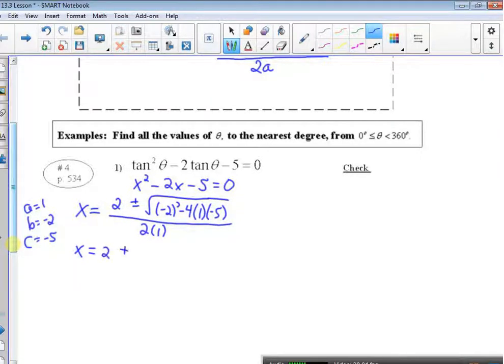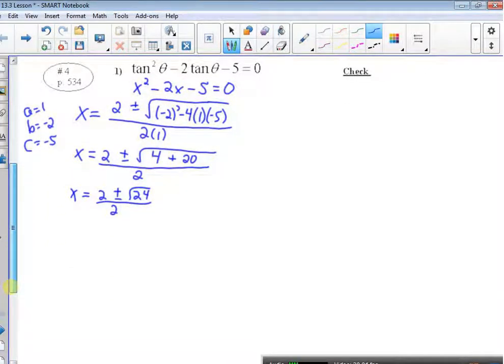So 2 plus or minus the square root of 4 plus 20, because it's negative 4 times negative 5, all over 2. So x is equal to 2 plus or minus radical 24 over 2.